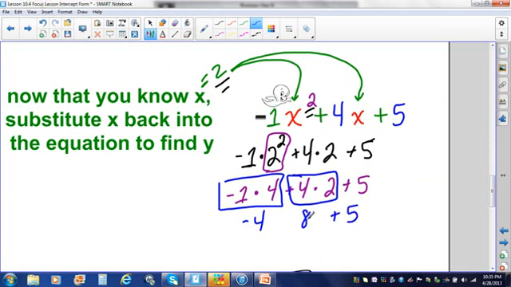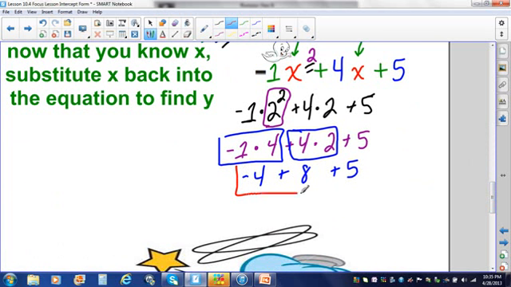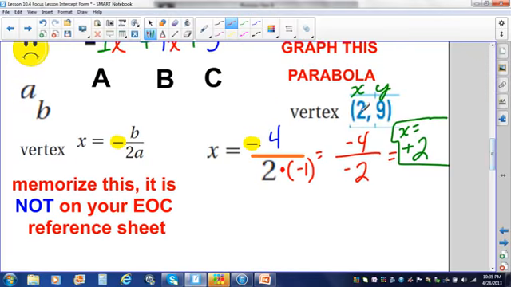Copy down the rest of my problem. Now what am I going to do? I'm going to add and subtract from left to right. When I do negative 4 and a positive 8, that's going to give me positive 4. So that's going to give me y equals 9. So I know that my vertex is 2, 9.